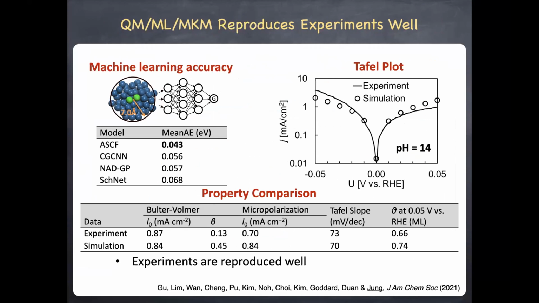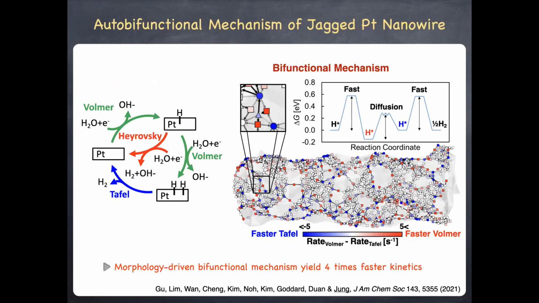And this is the results compared for experiments and theory. And you can see a reasonable agreement between theory and experiments, namely the current density as a function of the potential. Now, with this agreement, we were finally able to understand why jagged platinum nanowire shows such a high enhanced activity compared to conventional platinum nanowires.